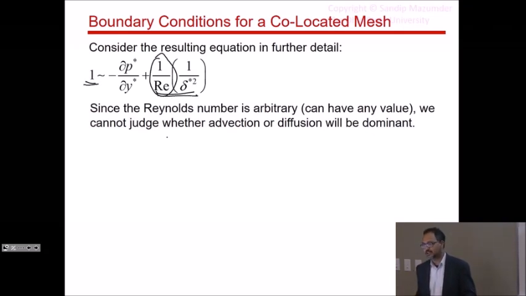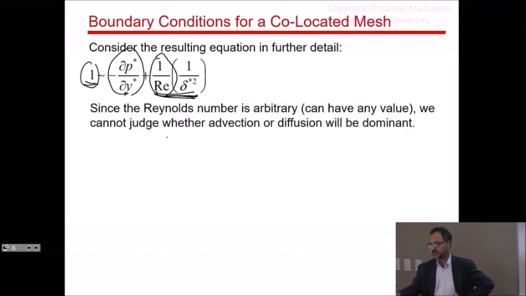So for example, if the Reynolds number is very high, then obviously this term is going to be very, very small because we're dividing by the Reynolds number, which means I'm going to have the pressure gradient term on the right-hand side of the equation and the advective terms on the left-hand side. So I have pressure gradient and advection, no diffusion. That's like your Euler equation, essentially. Inertial effects very strong, viscous effects negligible.